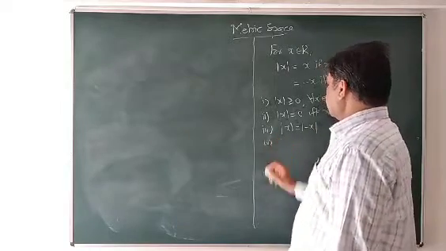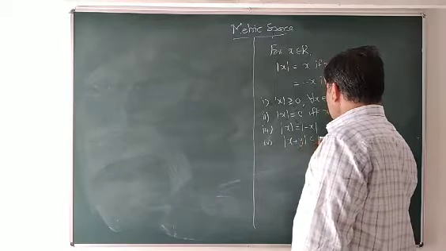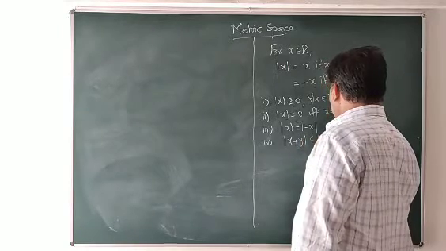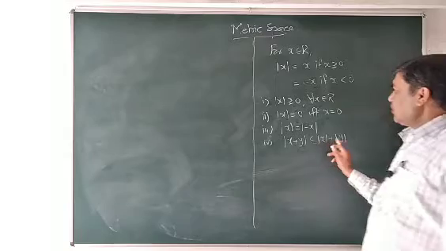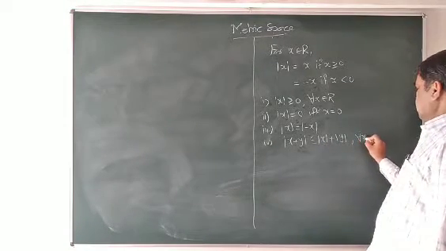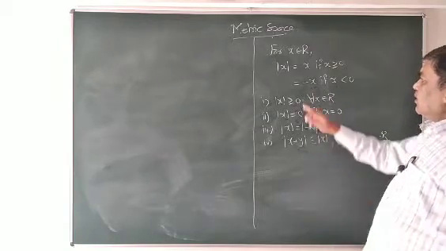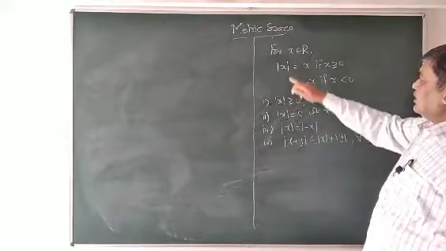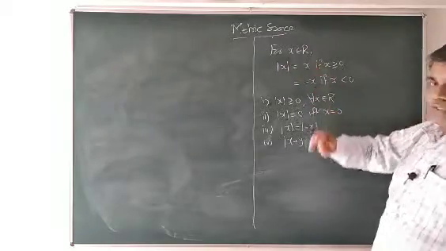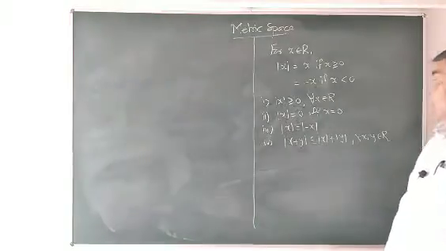And fourth one, absolute value of x plus y less equal absolute value of x plus absolute value of y. This is known as triangle inequality of real numbers. What does mod x denote? It is nothing but distance of real number x from origin 0 in R.